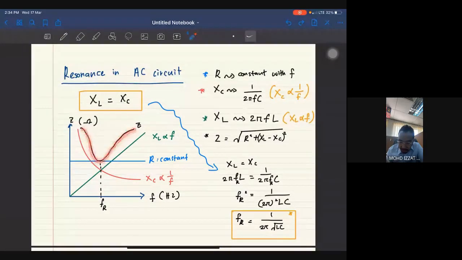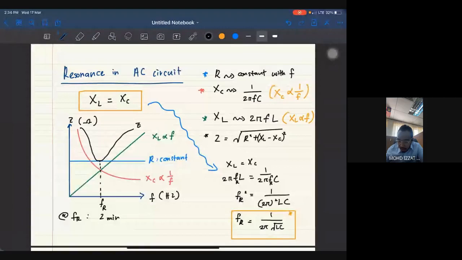The Z is at the lowest point, and it equals R. So I can write here: at FR, when it is the resonant frequency, Z is at minimum, and it equals the resistor.